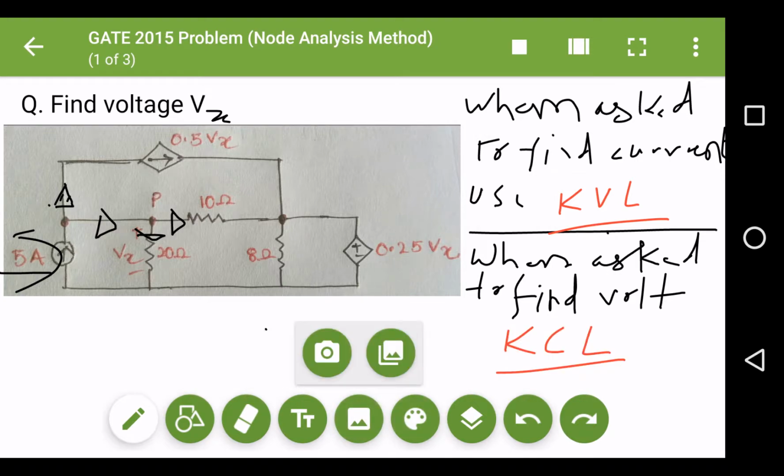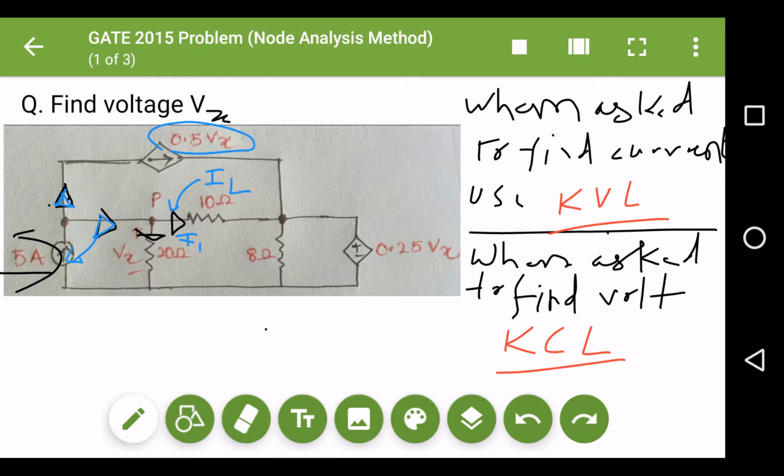Assume this current to be I1, and this is I2. Why do I label these currents as I1 and I2? Because I don't know their values. The value of the current in this branch I know, that is 0.5 Vx. Similarly, the current flowing towards P, I know the value, that is 5 ampere.